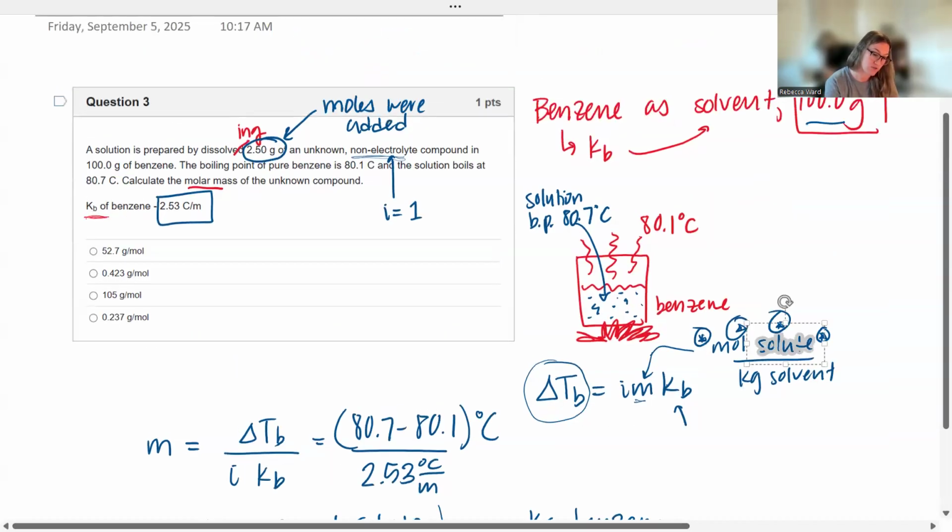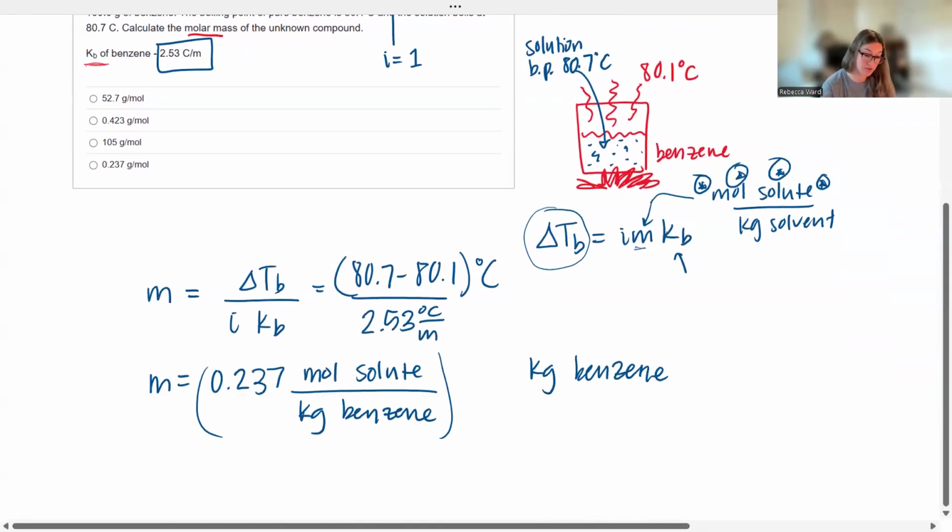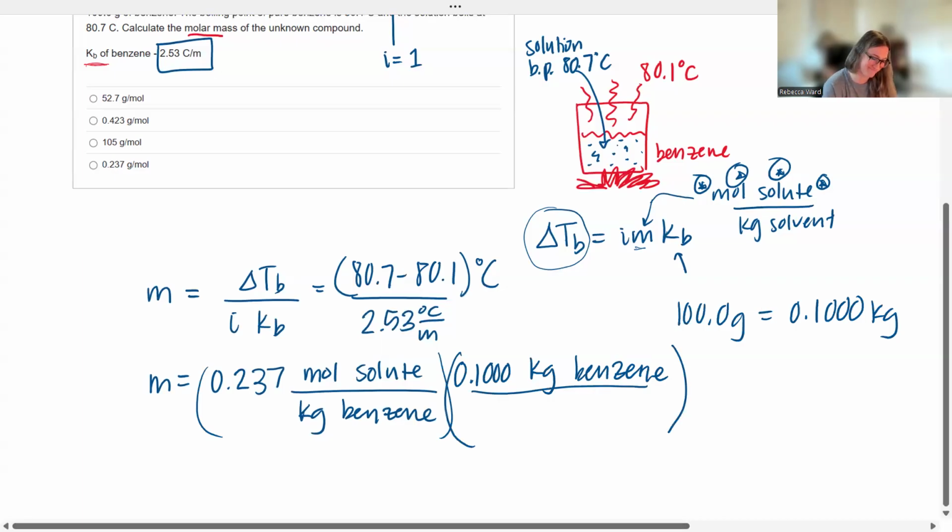We started with 100.0 grams of benzene, so we just need that in kilograms. Remember that 100 grams equals 0.1000 kilograms. Again, I try with the sig figs, I really do try. Our kilograms of benzene cancels.